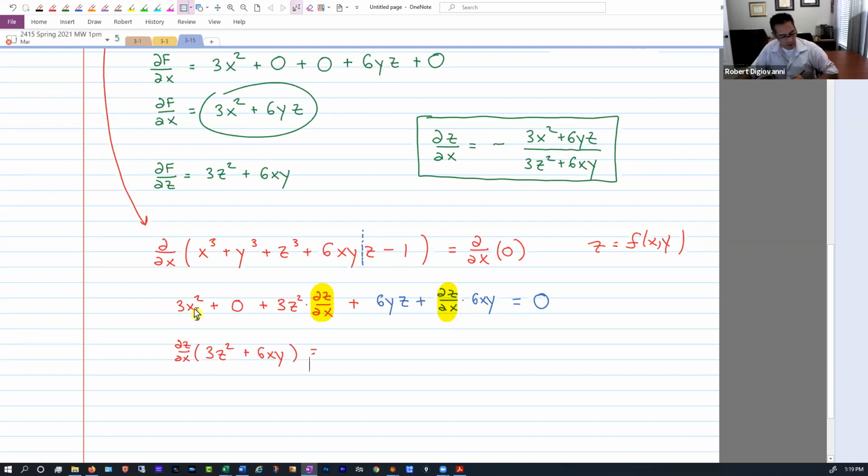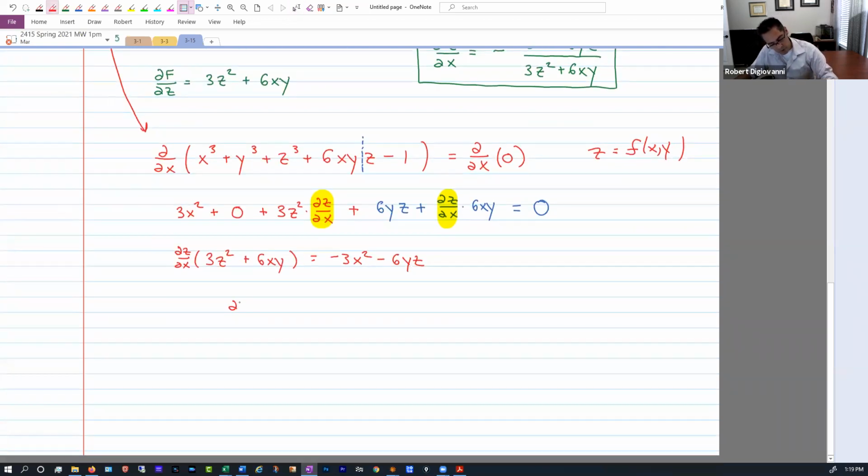And then this term and this term I take to the other side, so minus 3x squared minus 6yz. And then I divide through by this. So partial z with respect to x would be negative 3x squared minus 6yz over 3z squared plus 6xy.